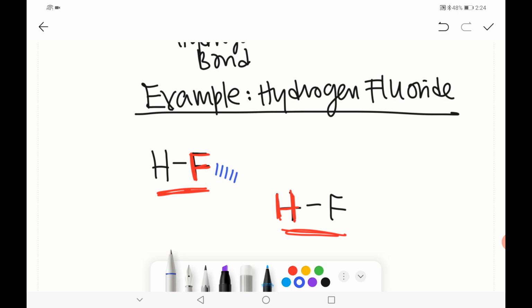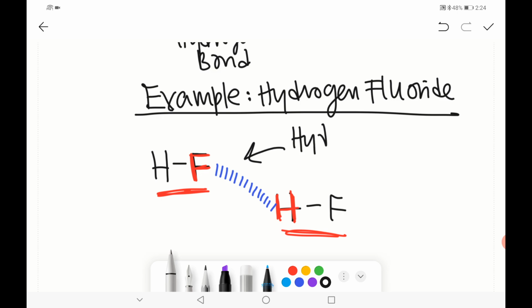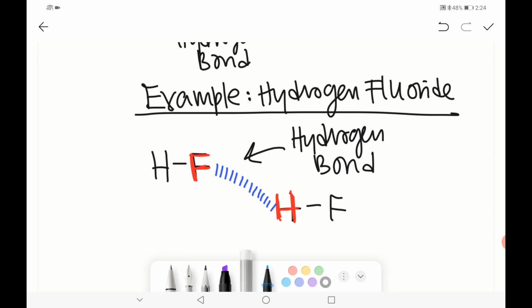So this is your hydrogen bond. Like what I said just now, you don't need to know too deep about hydrogen bond. In SPM for your Form 4, you just need to understand the basic introduction, a very basic idea of hydrogen bond. That is good enough for now.